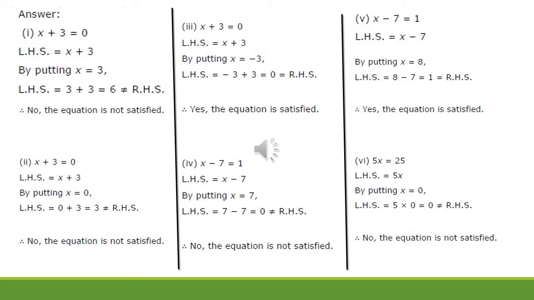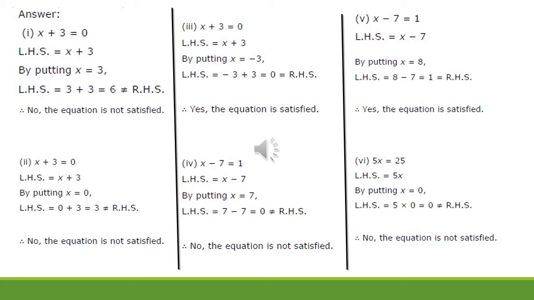In the second part, x plus 3 is equal to 0, LHS is x plus 3. By putting x is equal to 0, we get 0 plus 3 is equal to 3, which is again not equal to RHS because RHS is 0. So in this case also, the equation is not satisfied. Let us move to part 3.